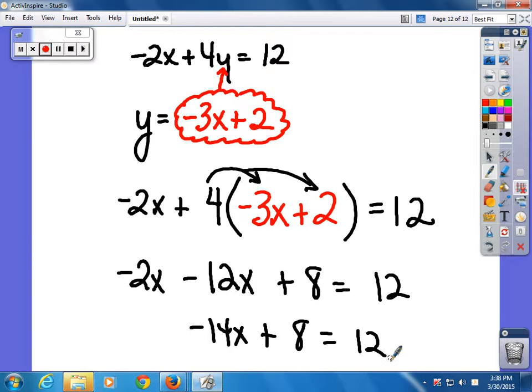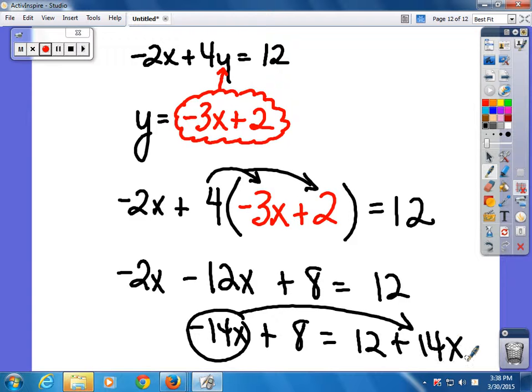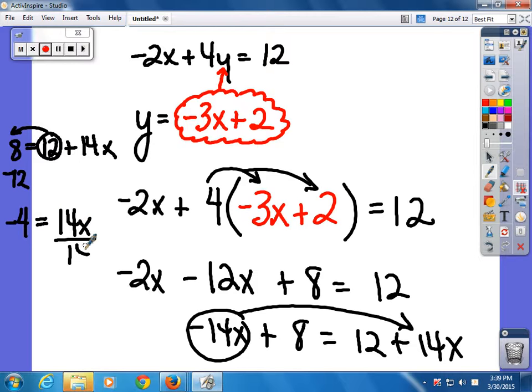And I don't like that negative 14x, so I'm going to pull it over here. And that's going to give me 8 is equal to 12 plus 14x. And bring this 12 over here. And 8 minus 12 is what? Negative 4 is equal to 14x. Divide by 14. And that's equal to negative 2/7.